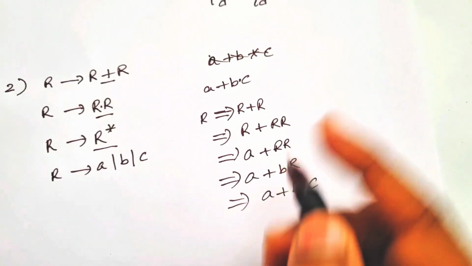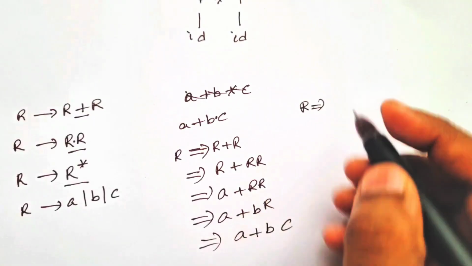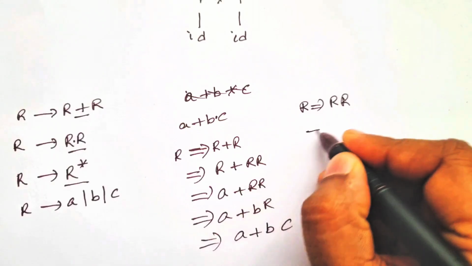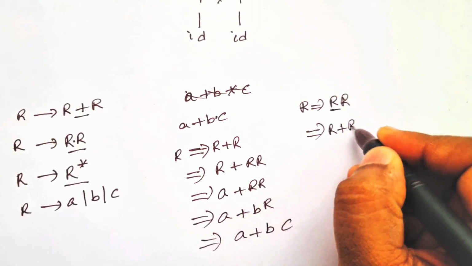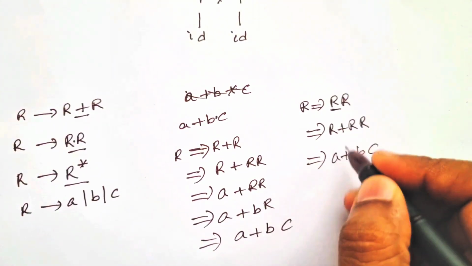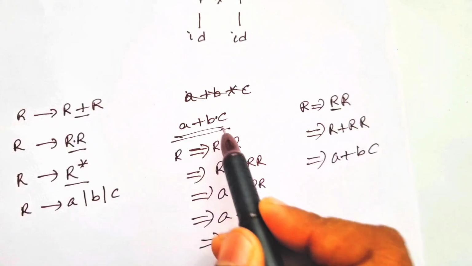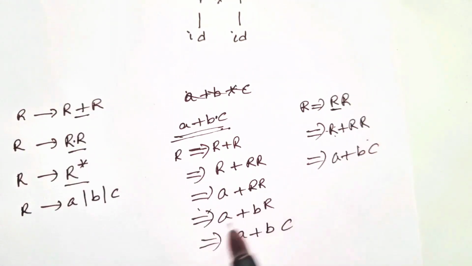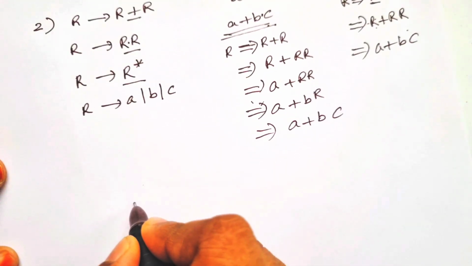Next, one more derivation we shall see. This time I will take RR, and in place of this R, I will take R plus R. Again, you will get A plus BC in several steps. See, for the same string you are getting more than one leftmost derivation.